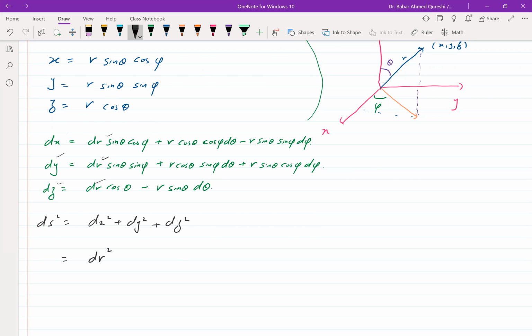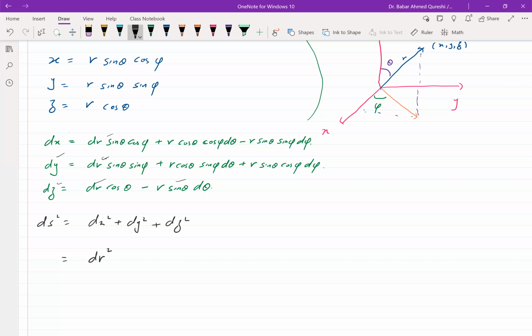Then let's look at the d theta square terms. You have r square cosine square theta cosine square phi, and then r square cosine square theta sine square phi. So it leaves you with r square cosine square theta. And then when you square the dz term, you get plus r square sine square theta.